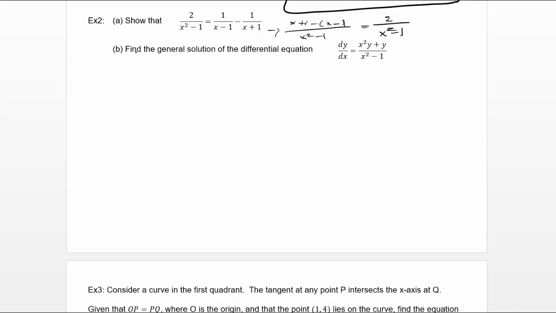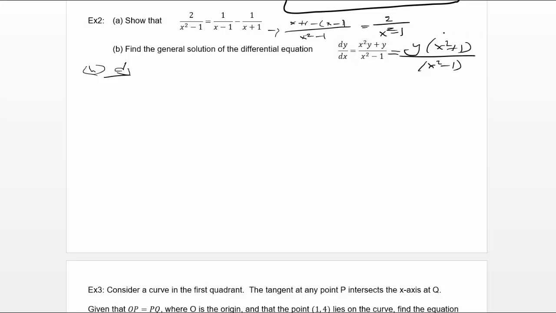Okay, so this is a multi-part problem, so let's keep in the back of our mind that this is going to come in handy. This to me looks like it's separable. I look at this and immediately see that I can factor a y out. So I see this as right over here: y times x squared plus 1 on top, and x squared minus 1 on bottom.